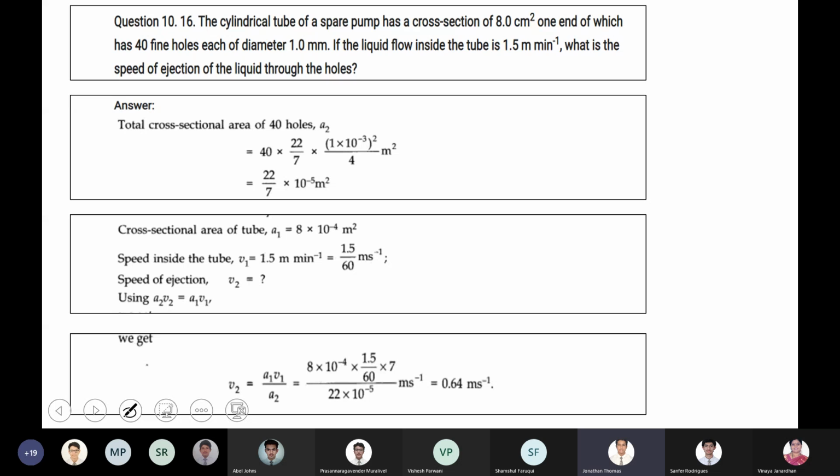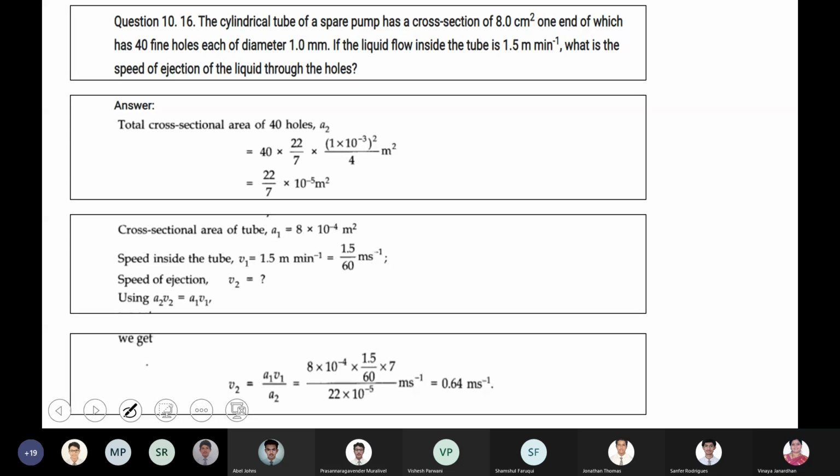Ma'am, 0.636, is that fine? Okay, it's fine, boys. Two decimal places, fine. Ma'am, for the pi value, I have used 3.14. Is it fine? Okay, it's fine.